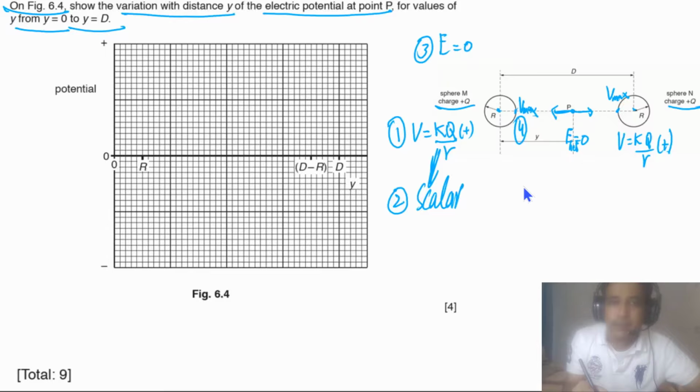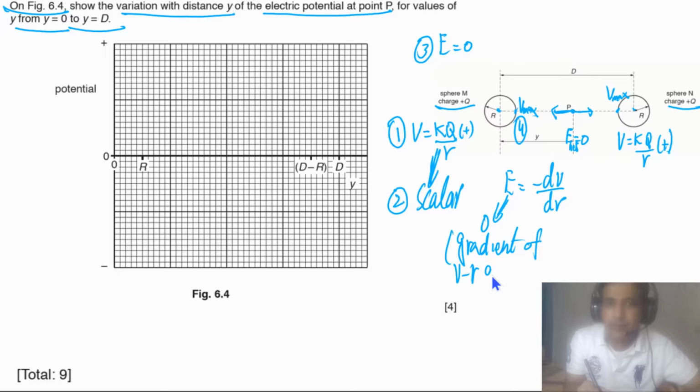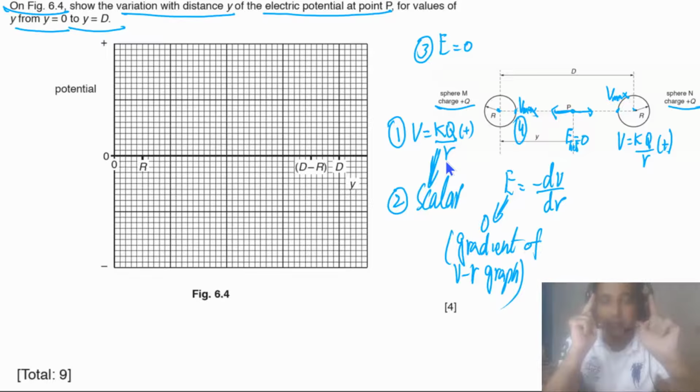If E net is equal to 0, we need to understand E is equal to minus dV by dr. It simply means that if E is equal to 0, the gradient of the V against r graph has to be 0 at that point. The gradient halfway between these two spheres of the V against r graph has to be 0.